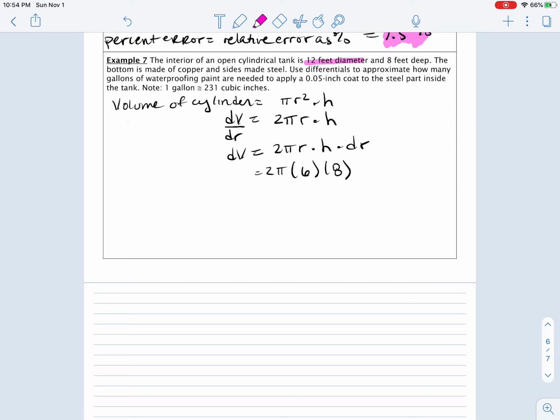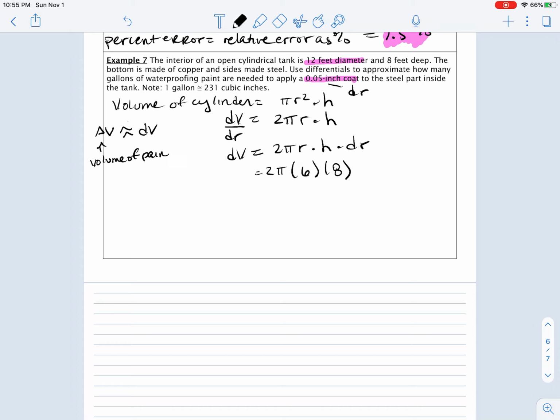And our dr, we're going to use 0.05 as our dr. And that's how much we can approximate, because that's kind of thinking how much we're off by, right? And measuring. So we're just going to think, what is our differential? And that is going to approximate the corresponding change in volume, approximately our dV, right?